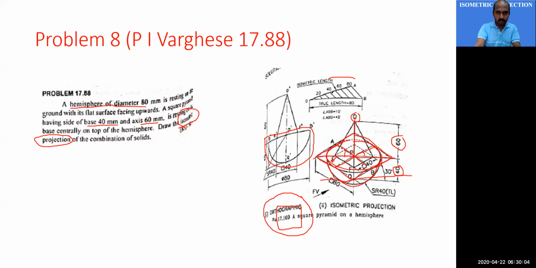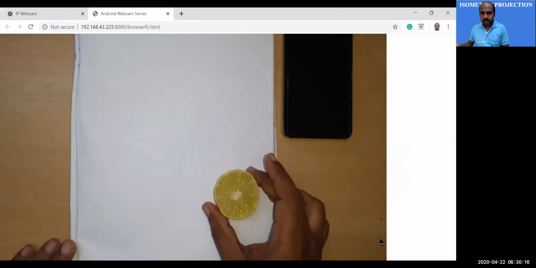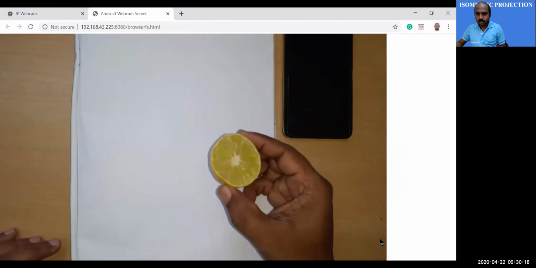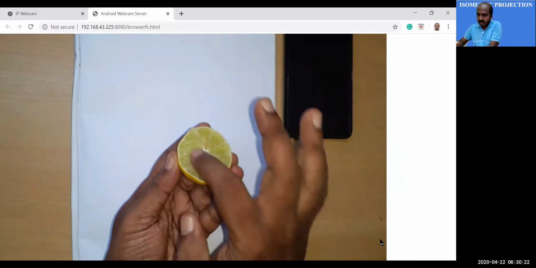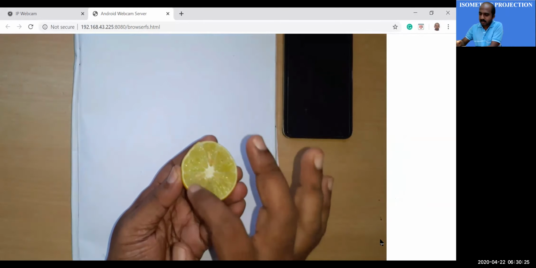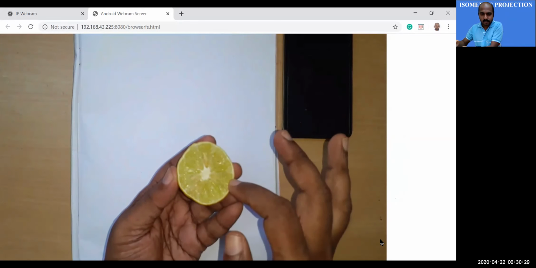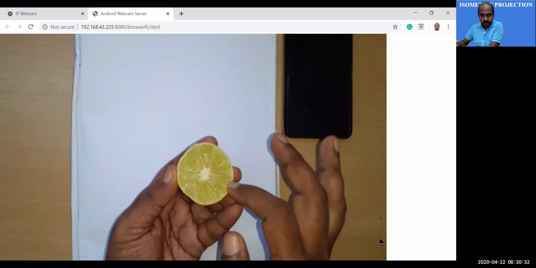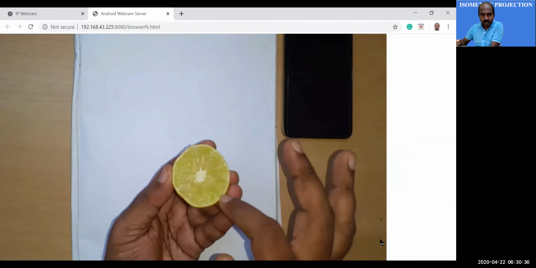So now let us discuss how to draw this one. I hope you can see this one. This one looks like a hemisphere. In the hemisphere, this is the circular face. This is the circular face of the hemisphere. When we are drawing the isometric projection of a hemisphere, you apply the theory for the circular face or circle.